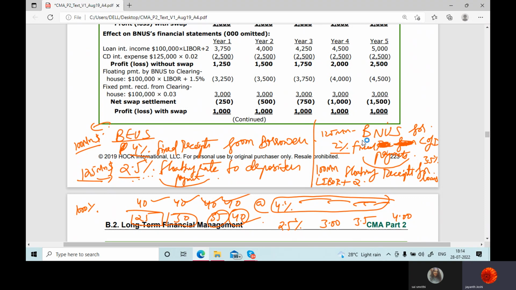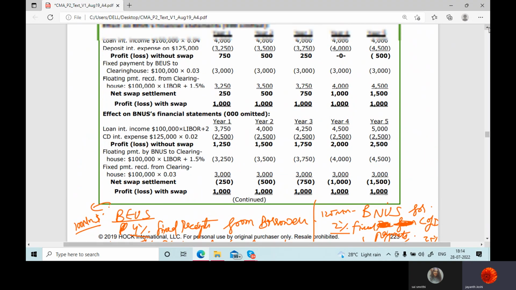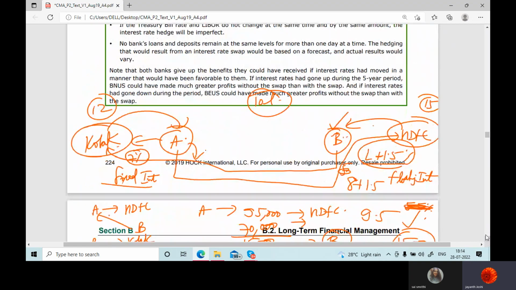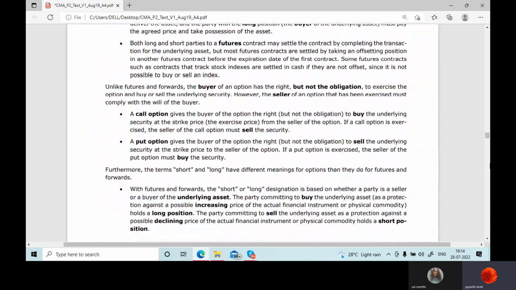BNUS has issued $125 million worth of certificates of deposit to their depositors, and they are paying 2% fixed payments to them, and they have given loans to customers of 100 million and are receiving floating interest from people, that is LIBOR plus 2%. So things are very clear. So BEUS and BNUS, I'll write it neatly here.